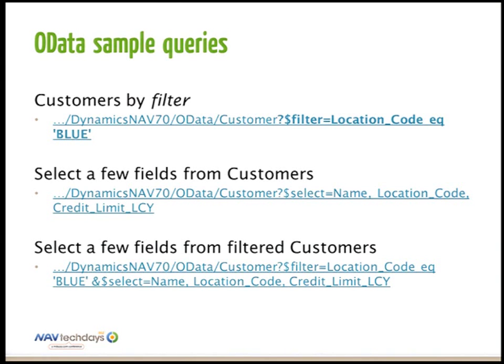And here I've just selected name, location code, and credit limit. That can help you if you have some standard pages that you want to expose, and maybe you don't want to have all the fields returned, then you can use this technique to just get a subset of the fields. And then the last one, you can do a combination. So here I've done, okay, I want all the customers with location blue, and I just want these three fields.